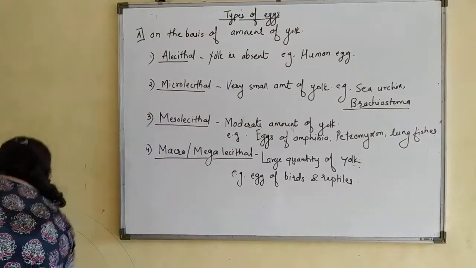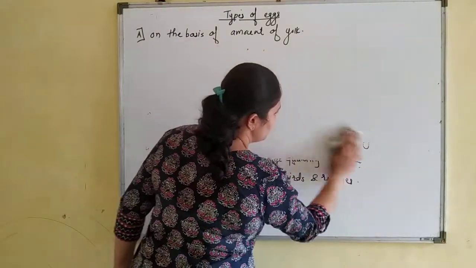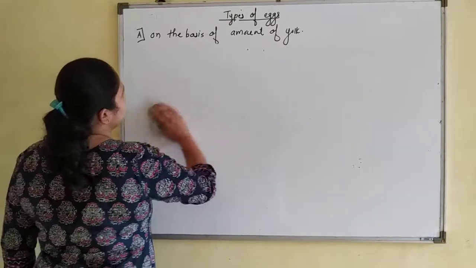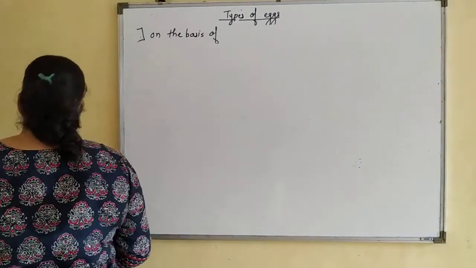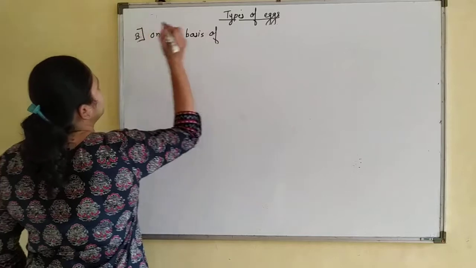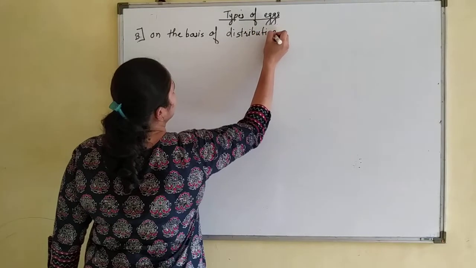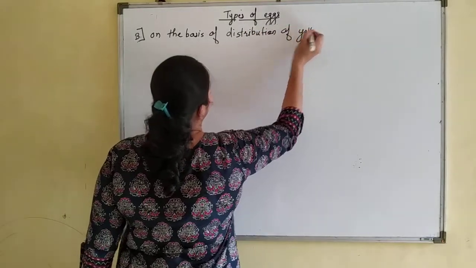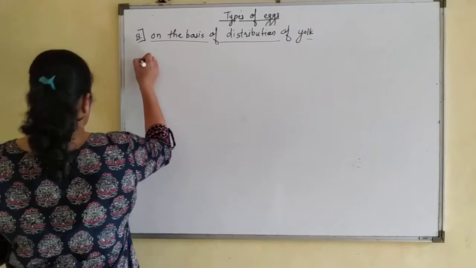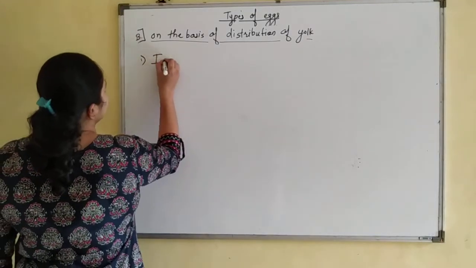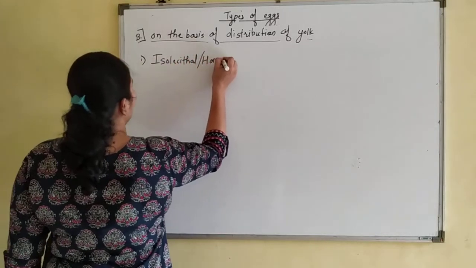So on the basis of distribution of yolk, meaning how it is distributed throughout the egg cell. First one, isolecithal or homolecithal.